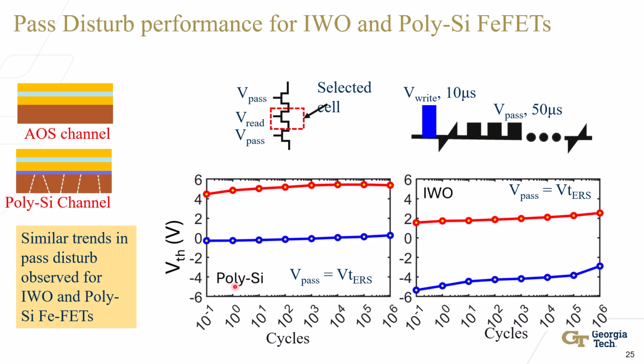We see that in both polysilicon and IWO channel, there is a slight increase in the device's VT value as we increase the number of pass disturb cycles. This increase in VT primarily comes from electron trapping near the interface. A similar trend has been observed in both cases.